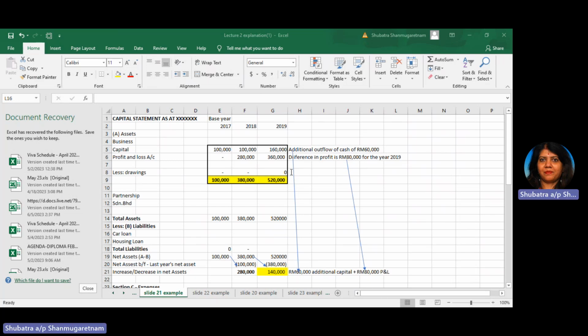Next, Ramly Food started with a capital of 100,000 and balance in profit and loss submitted to IRB was 60,000, 70,000 and 80,000 for the year ended 31st December 2017, 18 and 19. Drawings accounts balance was 45,000, 50,000 and 60,000 respectively. All right.